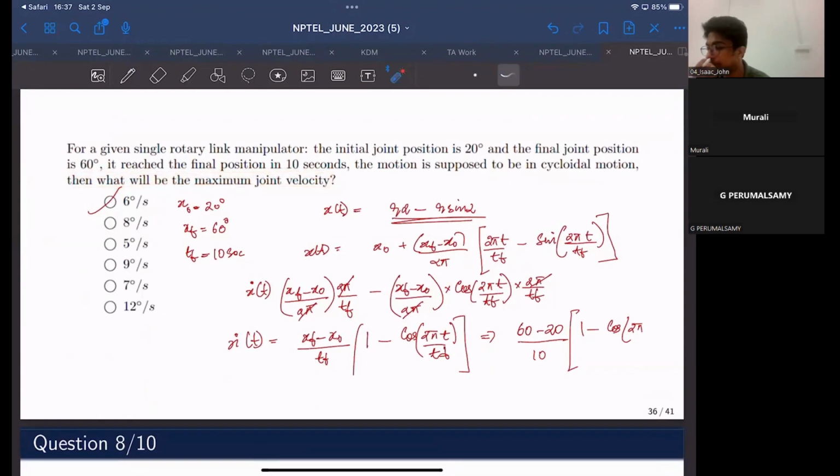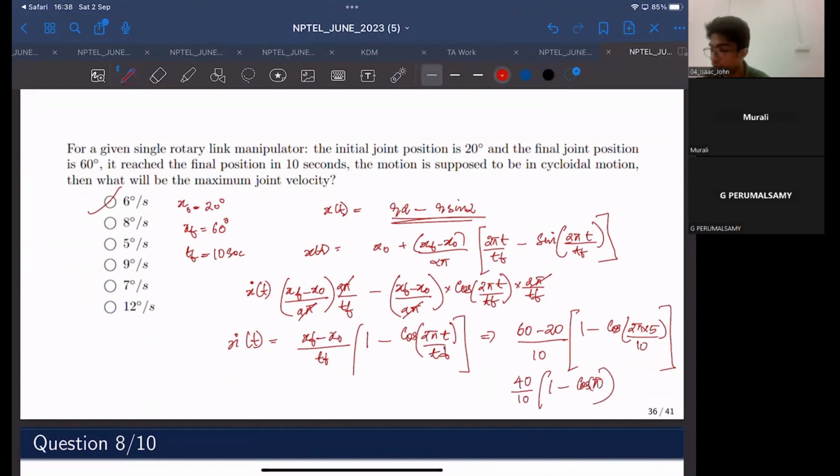We know the maximum velocity happens halfway through the trajectory. Halfway of 10 seconds would be 5 seconds. So t would be 2 pi into 5 by 10, so cos 10 pi by 10 is cos of pi.